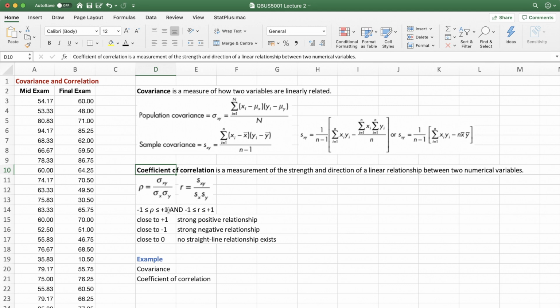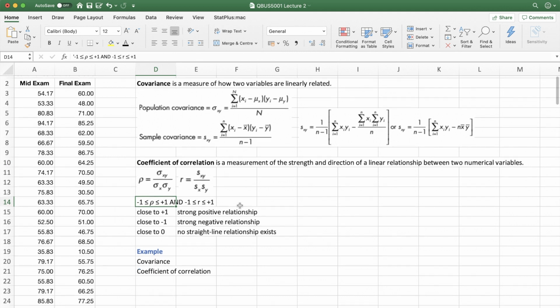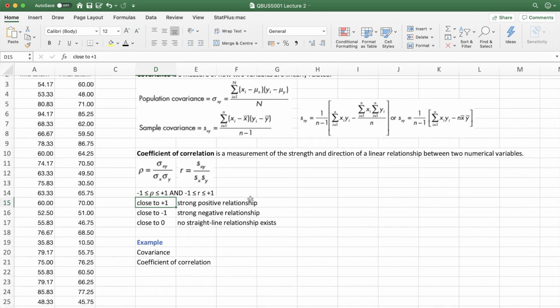The advantage that the coefficient of correlation has over the covariance is that it has lower and upper limits, which is -1 and 1.